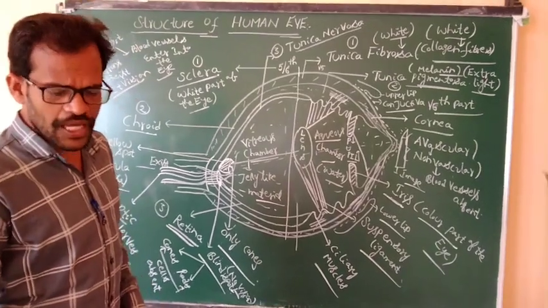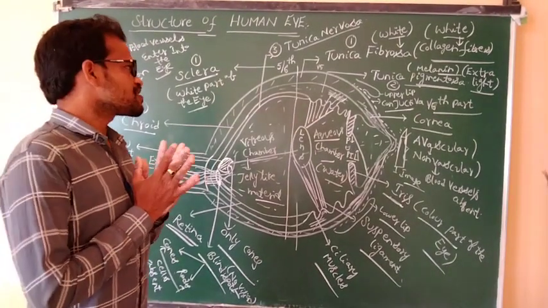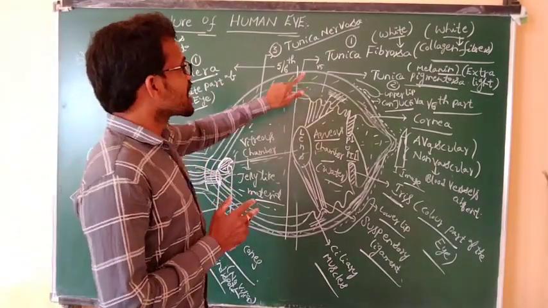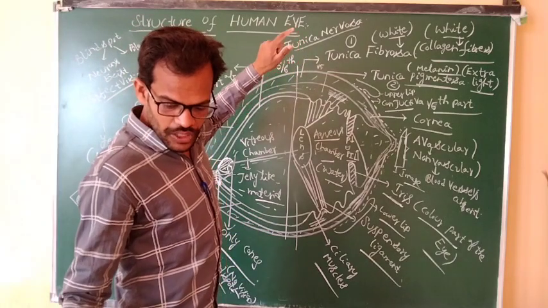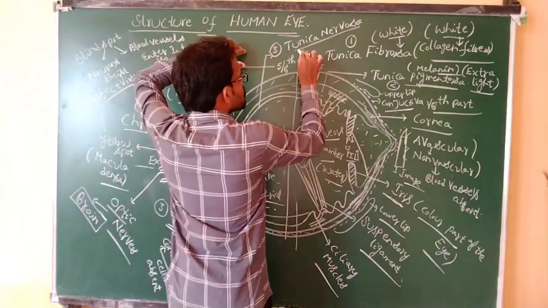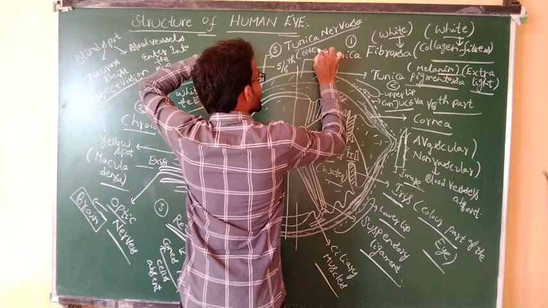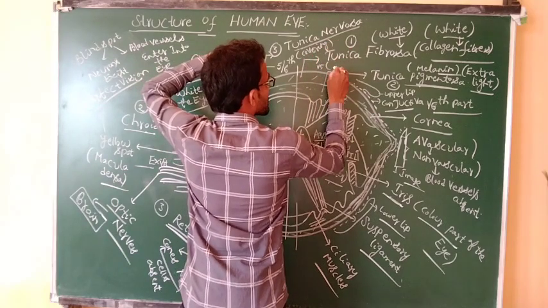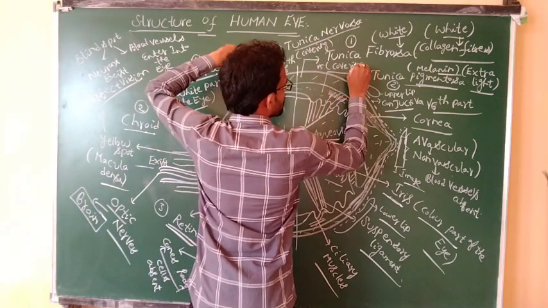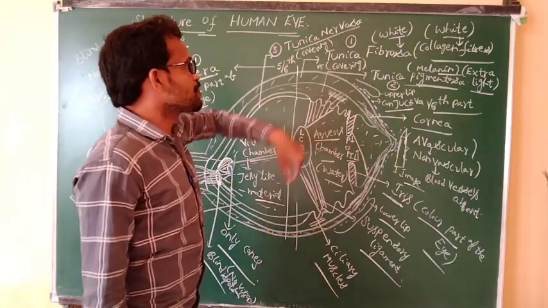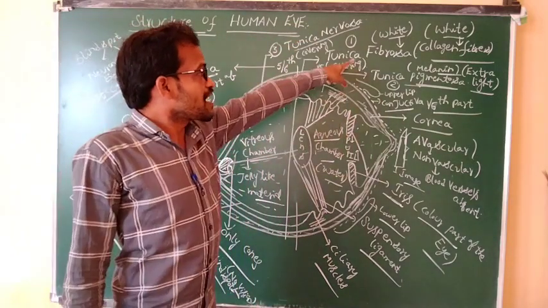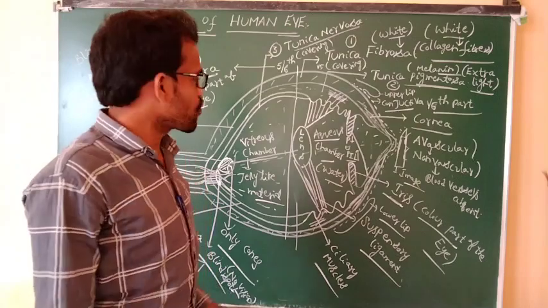The human eye consists of what parts? What are the layers? The tunica. Tunica means covering. What is the first part? Tunica fibrosa. Fibrosa means collagen fibers, white in color.